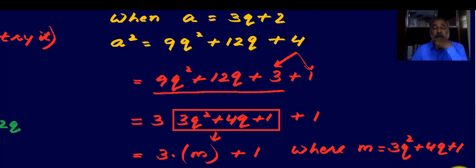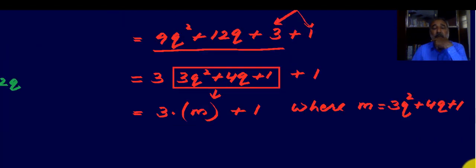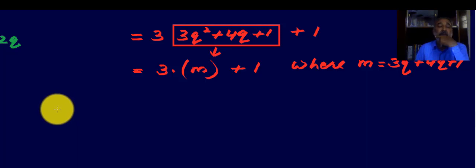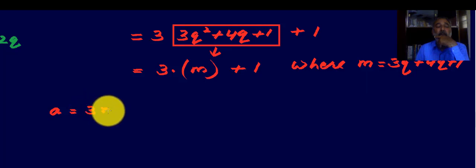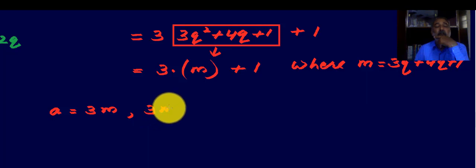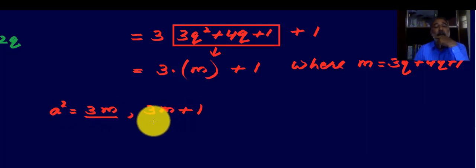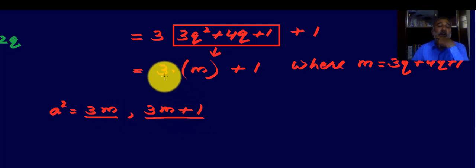So what we have done so far, I have shown you in 3 different cases that A square can be written in the form of 3m plus 1 only. The square of any positive integer can be of the form 3m or 3m plus 1.